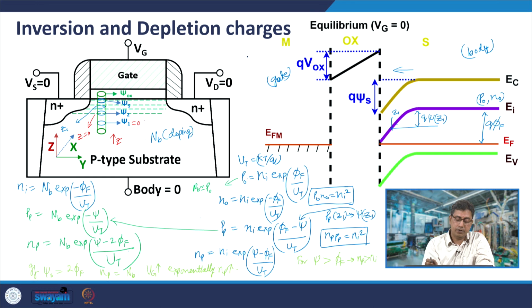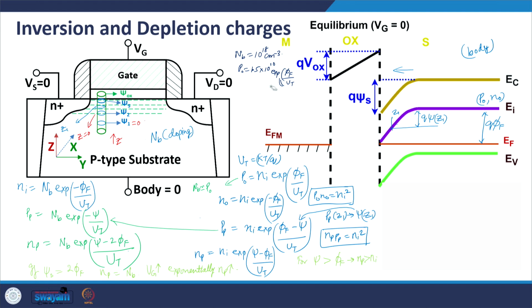Suppose Nb is, in our example, 10 to the power 18 per centimeter cube. What is the value of P naught? Ni, we can take it to be 1.5 times 10 to the power 10 at room temperature. So, what is the value of phi f?